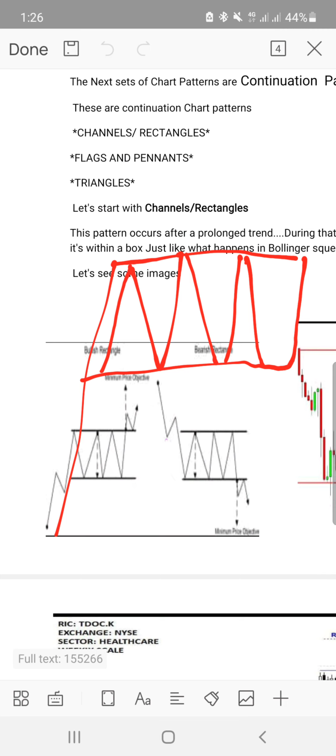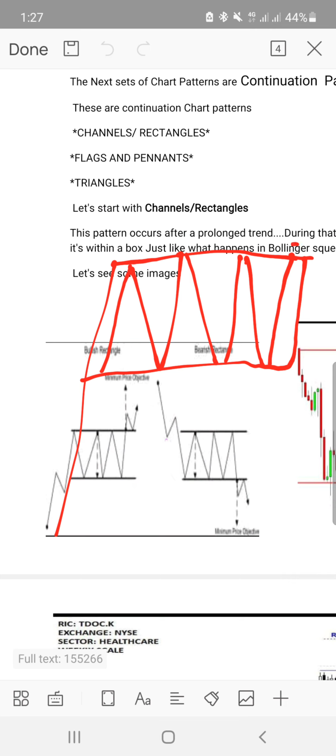Now, as usual, we are waiting for what? We're waiting for a breakout on the upside, because what we are trying to observe here is a rectangle or a channel. Now, the moment price breaks that resistance, right? Remember, I said that there are two kinds of traders.